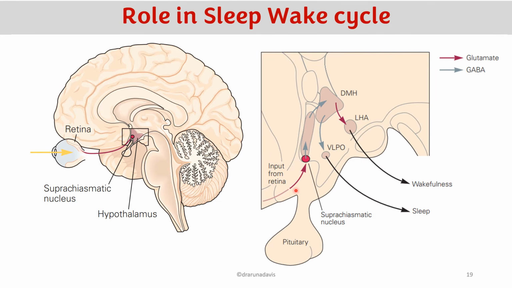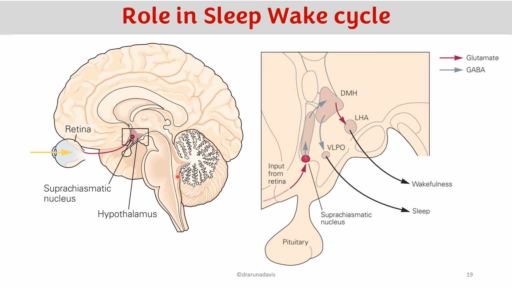But from the suprachiasmatic nucleus, we've got inhibitory fibers going to the dorsomedial hypothalamus. And from there, information passes on to two different areas. This is the lateral hypothalamic area, which promotes wakefulness, and this is the ventrolateral preoptic nucleus, which stimulates sleep.